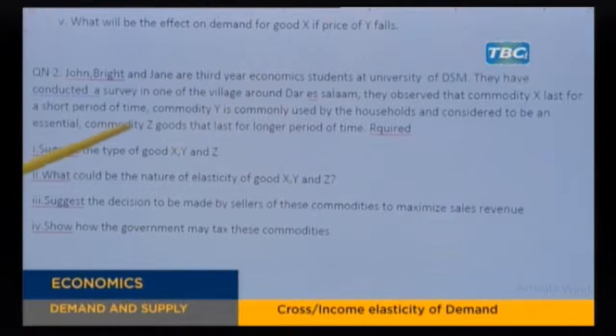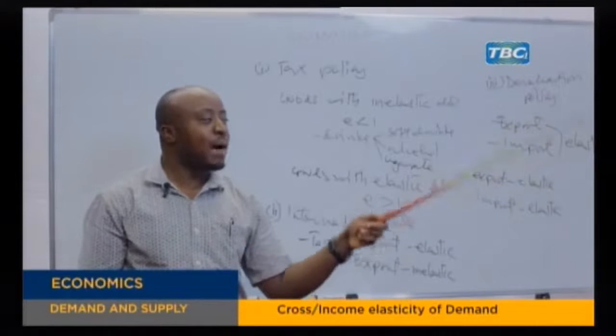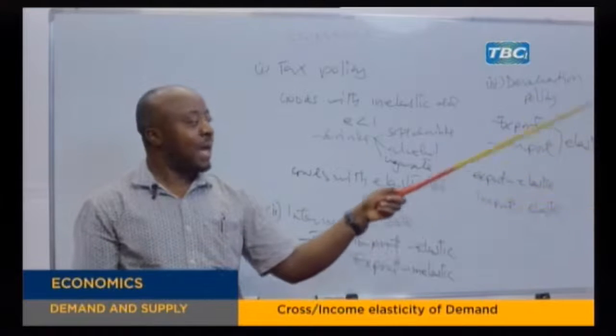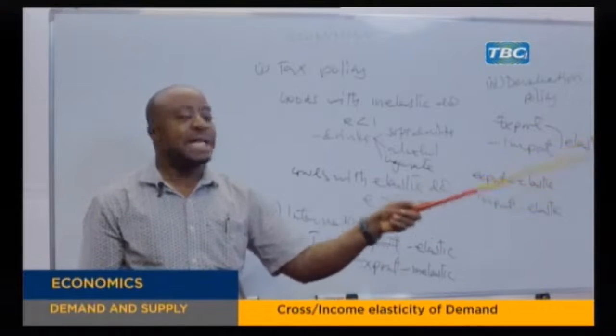Commodity Z consists of goods that last for a longer period of time. Z includes all goods around that village which last for longer, required from the data obtained by John, Bright, and Jane.